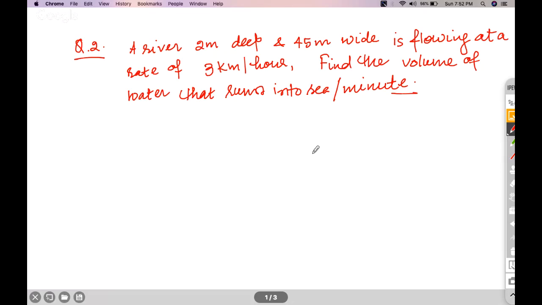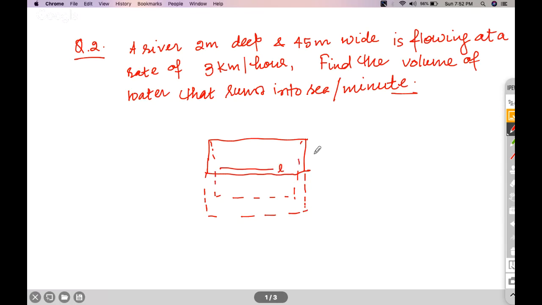So look at here for this question. First of all, try to understand the concept, what happens with a river. So I will prove that this is a question of cuboid. So this is the length of the river, this is the width of the river, and this is the depth of the river. So it is something like a cuboid.